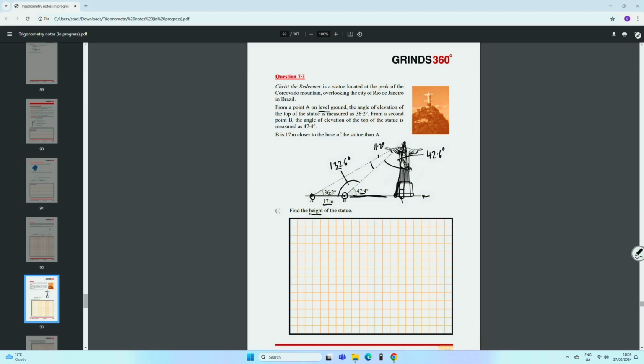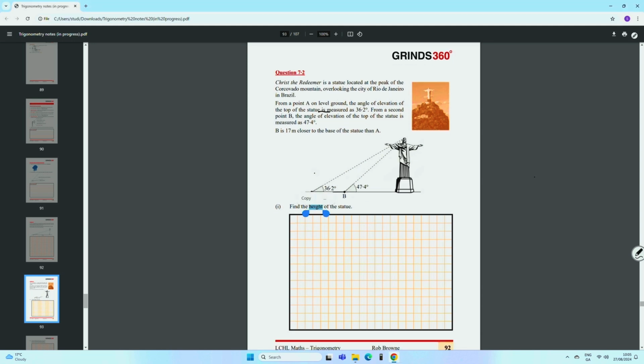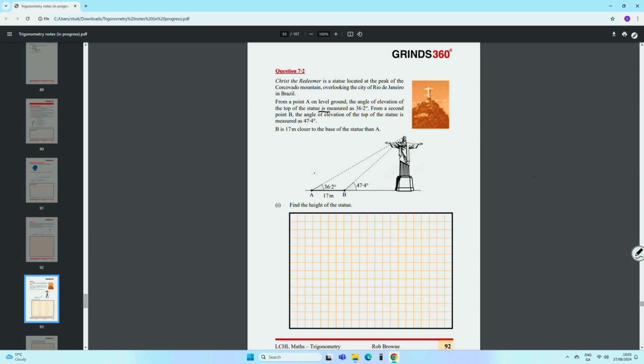So if you look at the diagram in the question again, remember what we've got at this stage: we have just found this distance, that full distance from here right across to there, with the vertical line coming down that way.